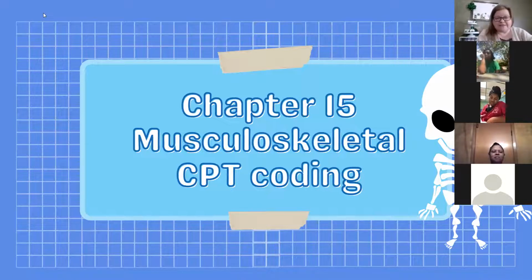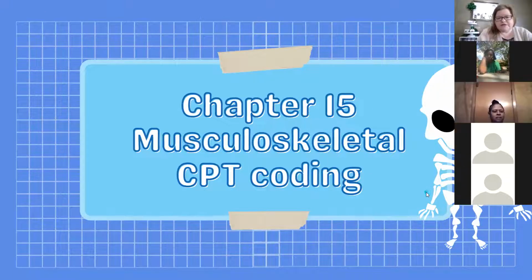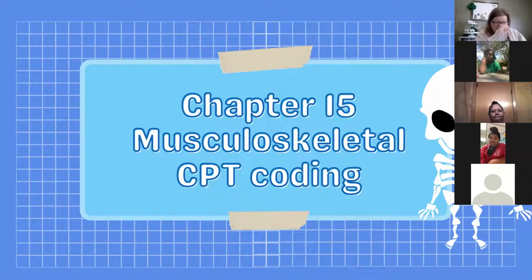But okay, can everybody see my screen? Chapter 15, musculoskeletal CPT coding. Yes, ma'am. All right, good deal. Okay, so one of the first things I want to talk about: the way the CPT manual is set up, our chapters are basically walking through it section by section.